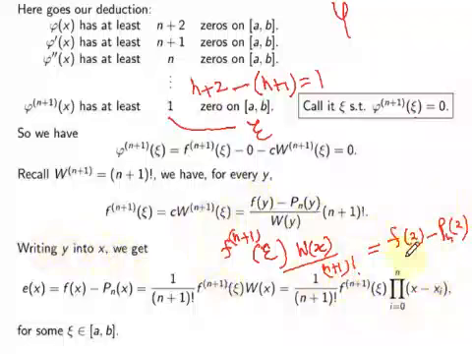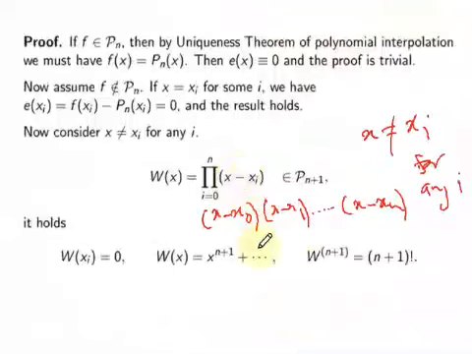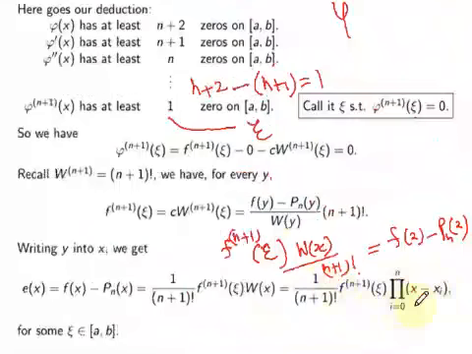So in other words, this is your error, right? E of x is equal to 1 over n plus 1 factorial times the n plus 1 derivative of f evaluated at psi times w of x. w of x is the product of these nodes, these linear factors. Finally we got this, where psi is a value in between a and b.